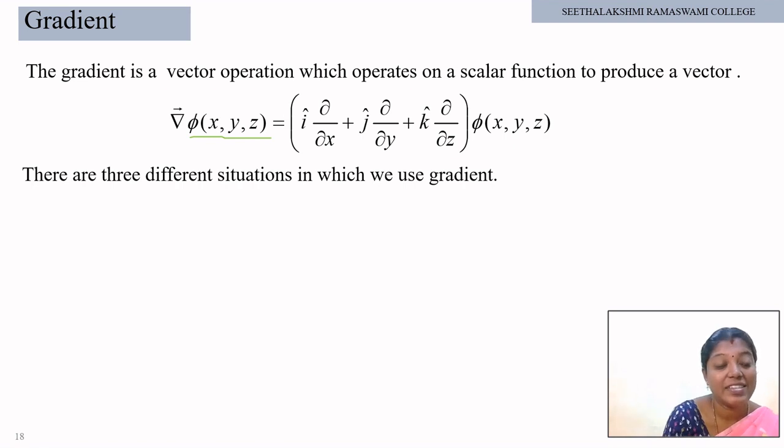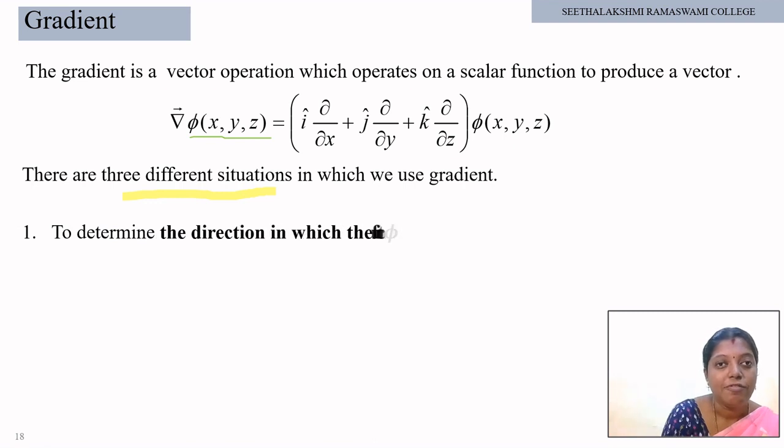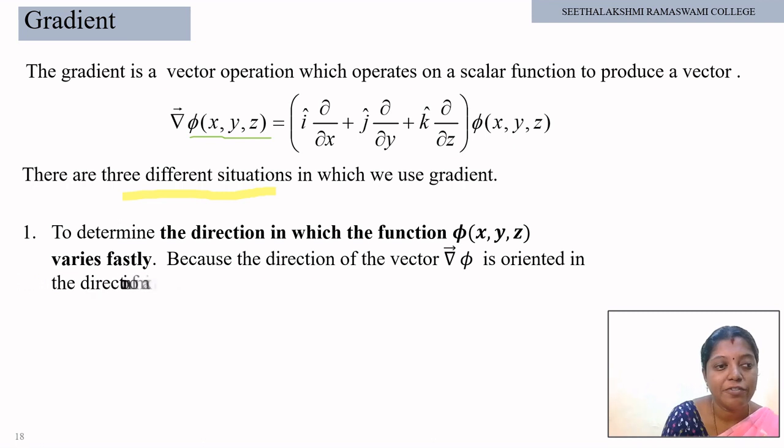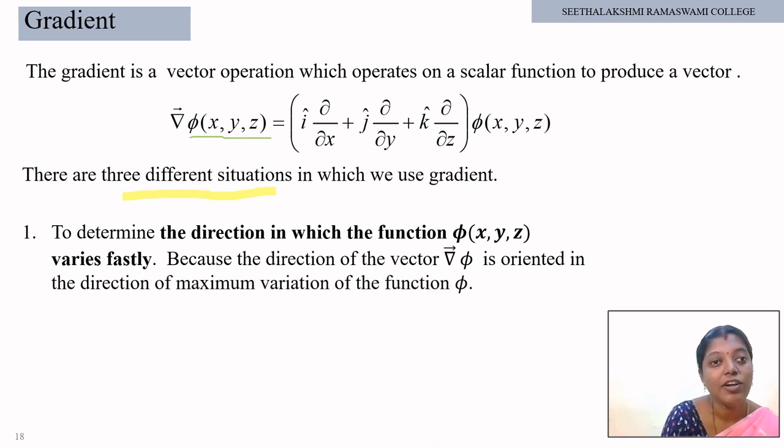Actually, it has been used in three different ways. Let me explain how the gradient can be used in your physical problems. Firstly, I said the gradient is taken for a scalar function phi. The scalar function varies with respect to x, y, and z.